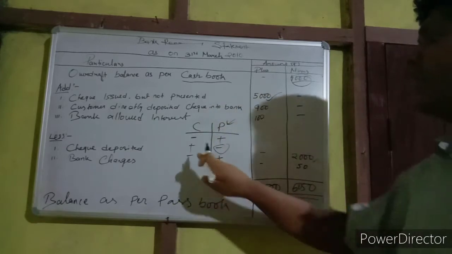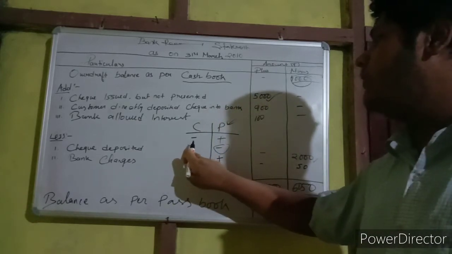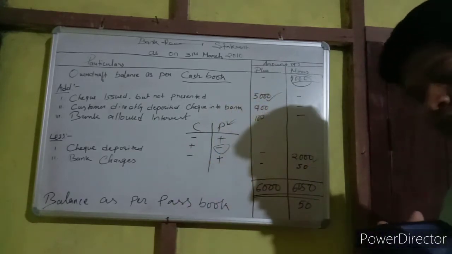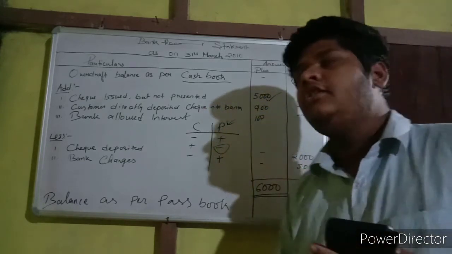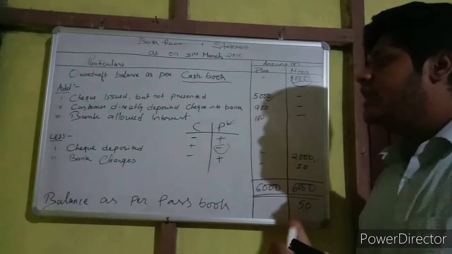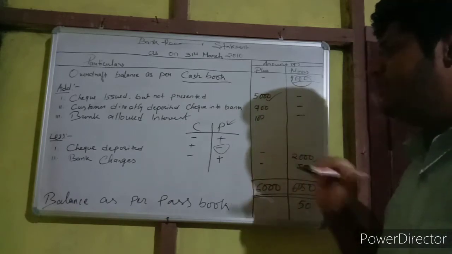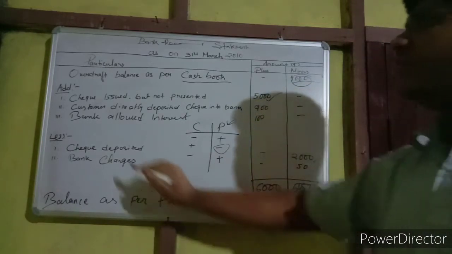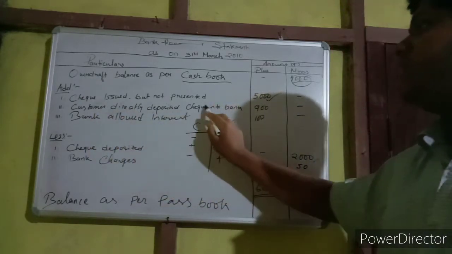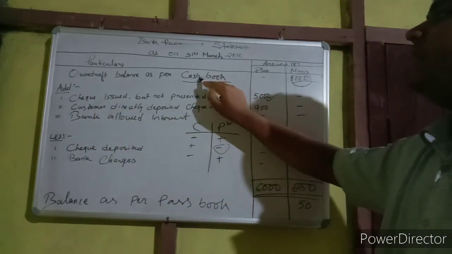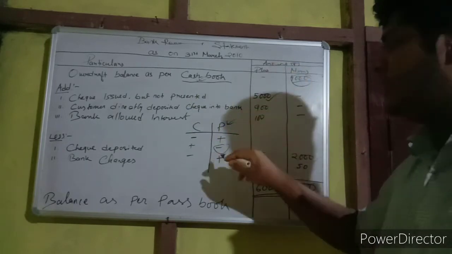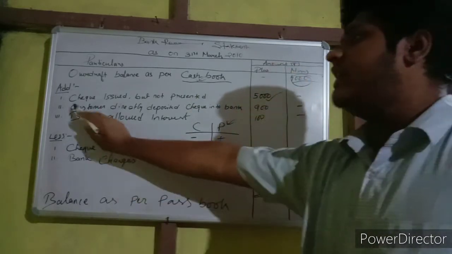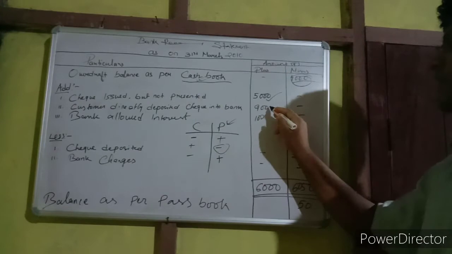I gave an example earlier: how will you know if anyone gifted you money while you are outside? In the same way, your customer, without telling you anything, deposited the money. Though he deposited, the passbook increased, so it is plus. Though we are writing the cash book, we have to follow the passbook. In the passbook it became plus, so we write it on the add side in the plus column, 900.